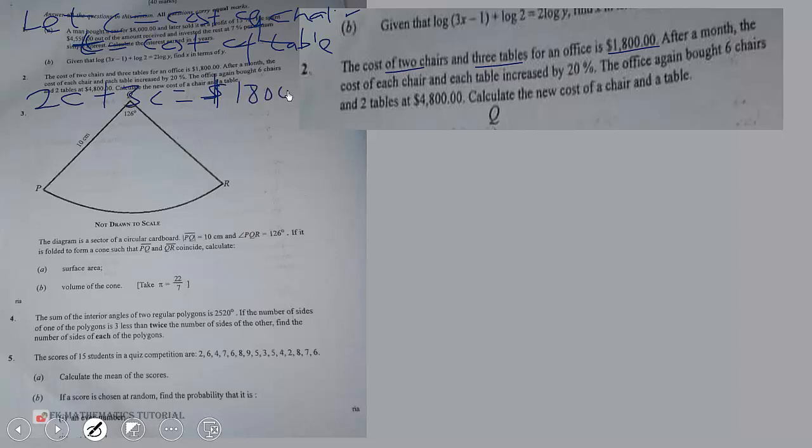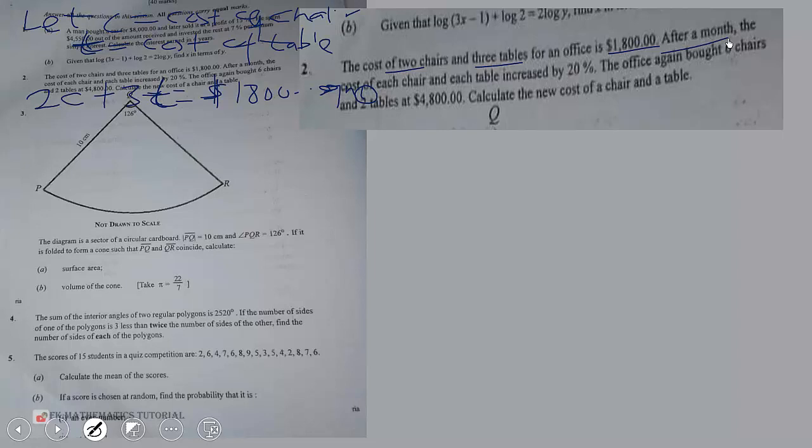So we can call this equation 1. Since we have 2 variables, so 2c plus 3t is equal to that.